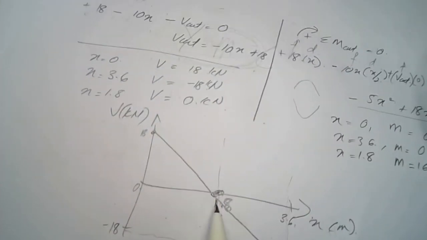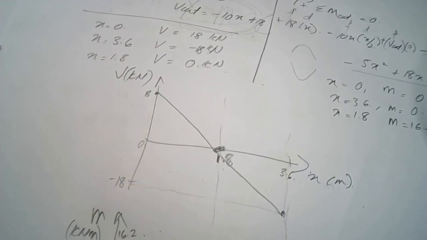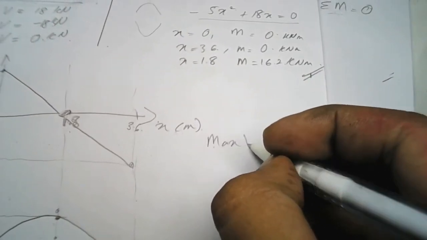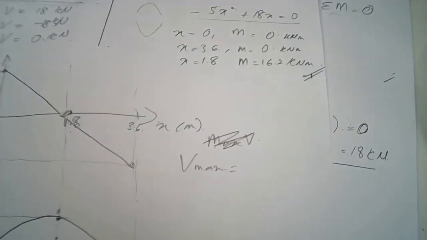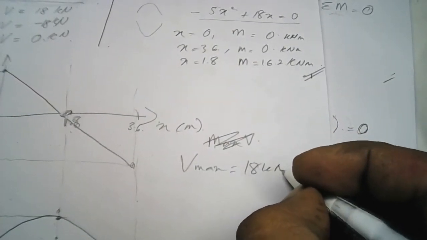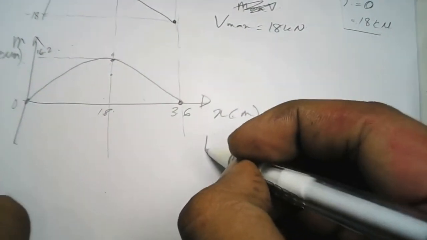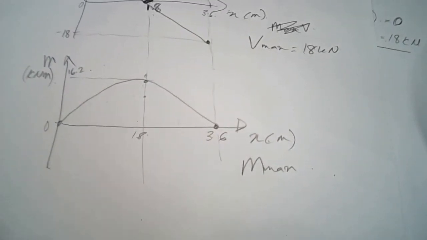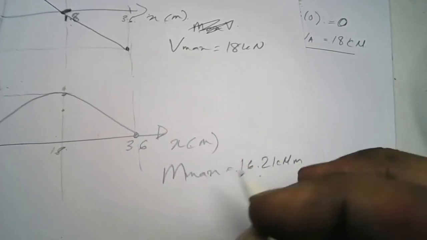The maximum shear force is 18 kilonewton, and the maximum moment is 16.2 kilonewton meter. All right, complete. Thank you.